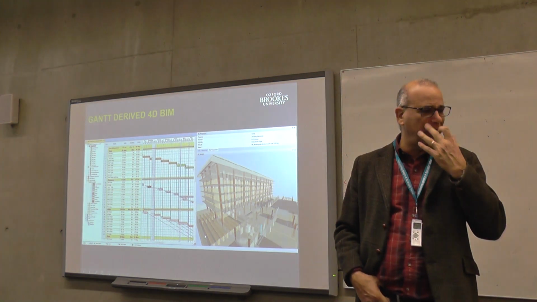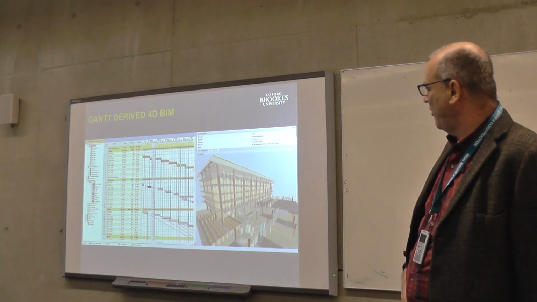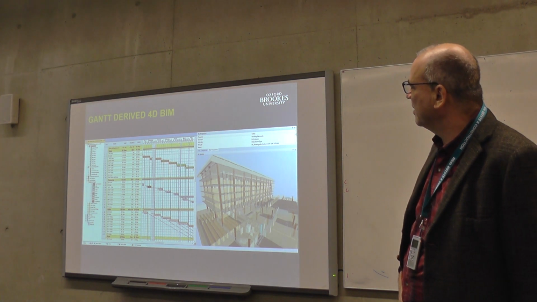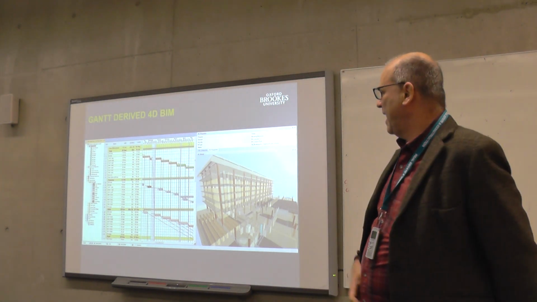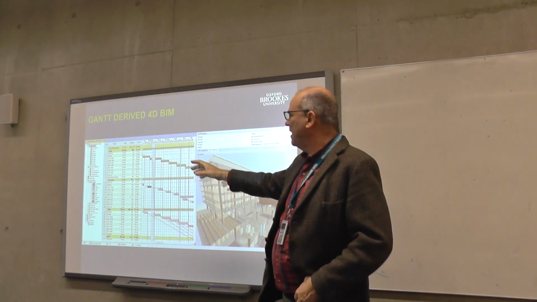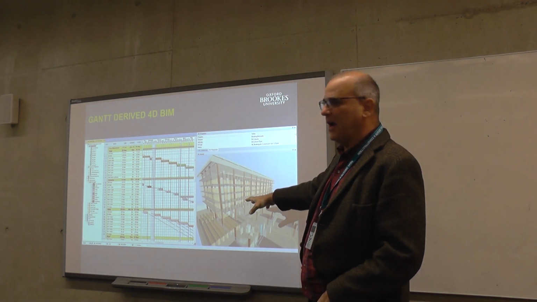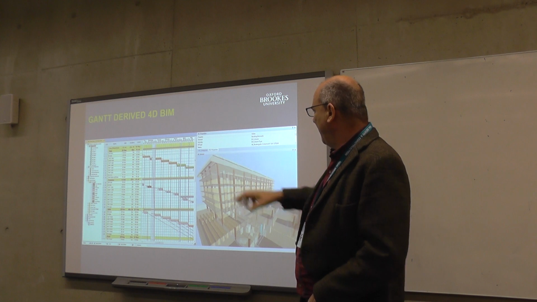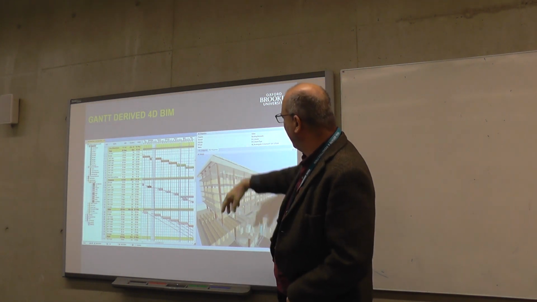And just to give you one slide that encapsulates this all. This is from Revit's site, I believe. What it shows, on the same slide, is a Gantt chart linked in with the model of a building that's being constructed. The dark colors are columns, the slabs are in a beige.